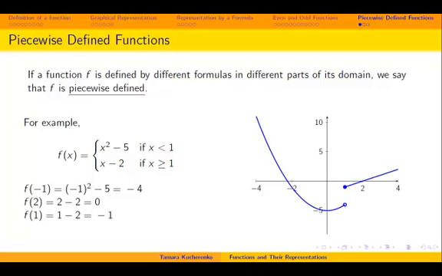Since f of 1 equals negative 1, the point (1, negative 1) is marked by a solid dot, and the point (1, negative 4) is marked by an open dot to indicate that it does not belong to the graph.